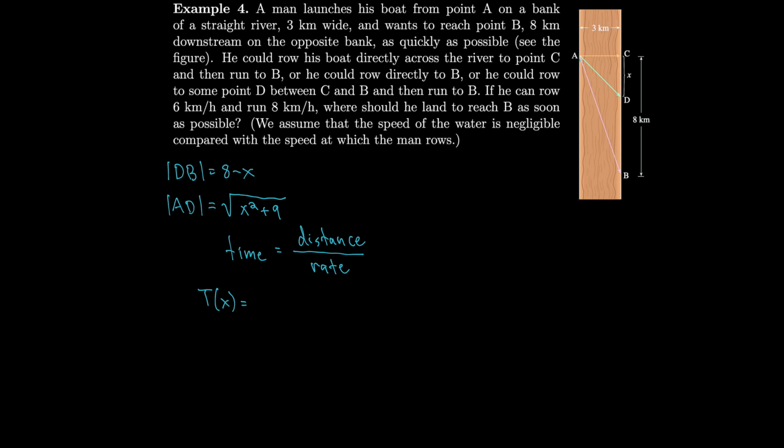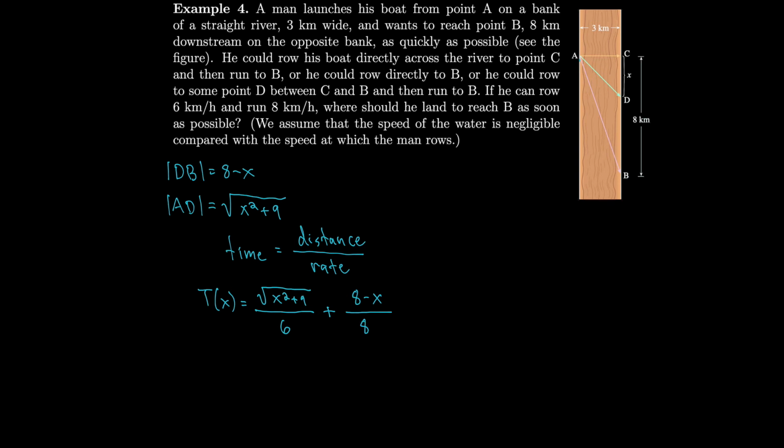So that'll be the distance spent rowing, the square root of x squared plus 9. So that's this part. And we have to divide by rate in order to get time. You can row at 6 kilometers an hour. So this is the time spent rowing. Plus, now we need the time spent running. So that'll be the distance running, 8 minus x, over 8, the speed at which you can run.